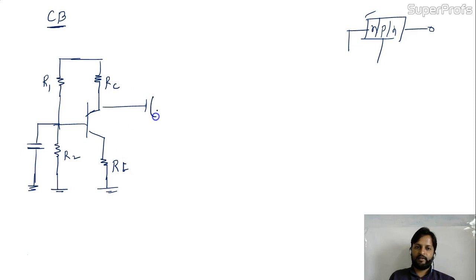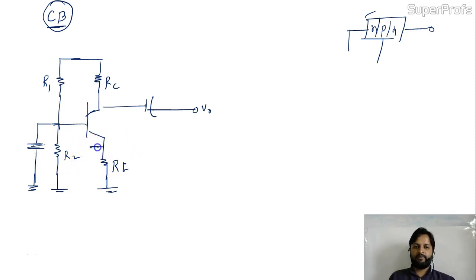Here I'm taking V0. Where I'm applying Vin, in common base, the base is common, directly connected with ground. The capacitor will be there, meaning you are grounding it. How it will ground, we'll come to that later.